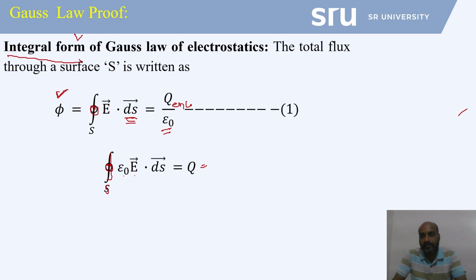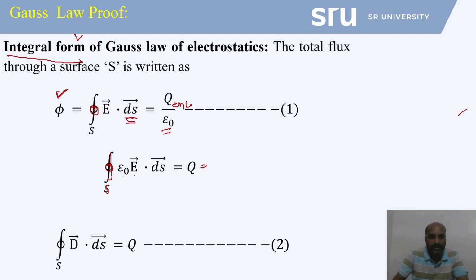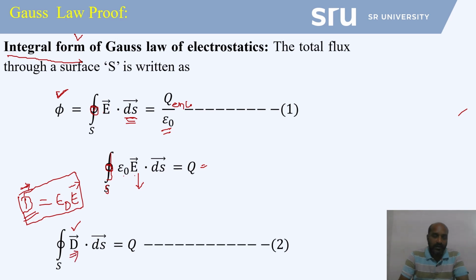And here we will define one more quantity, which is the displacement vector D. What does it mean? We just replace the epsilon naught E as D. And we will try to give the analogy for this D in magnetostatics also. I mean, you can write that Gauss law both in terms of electric field intensity or displacement vector D. Right?